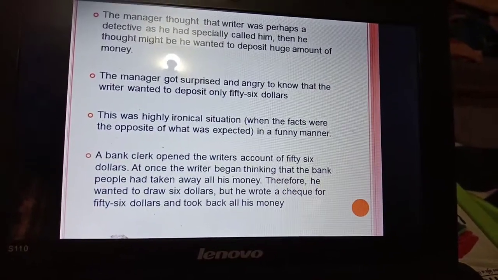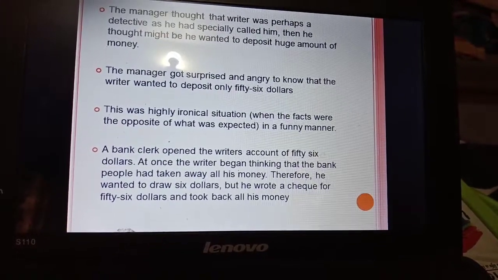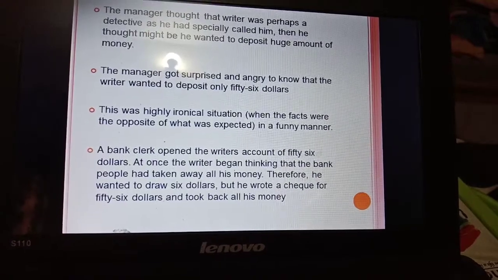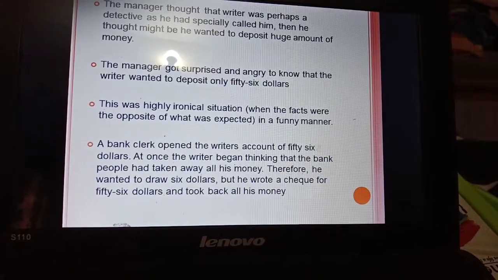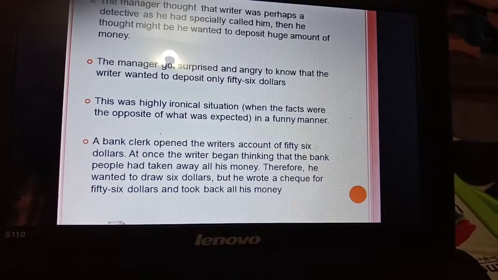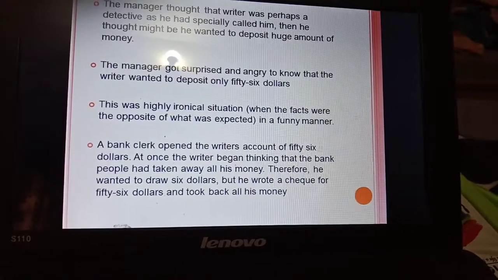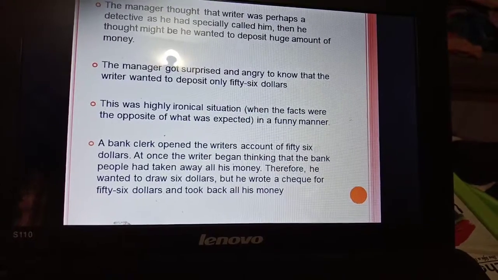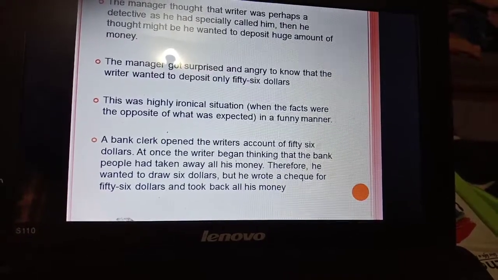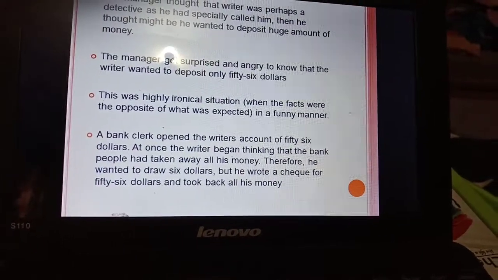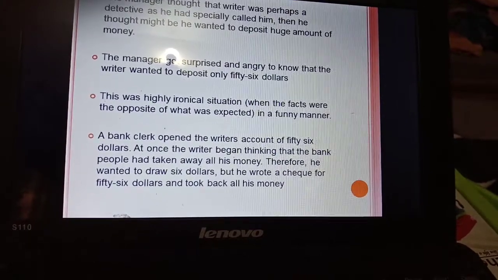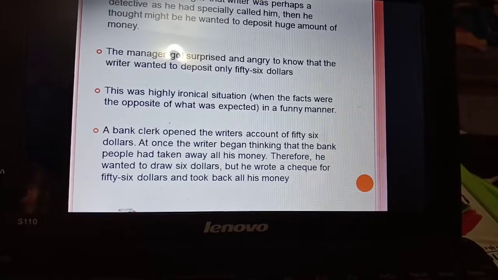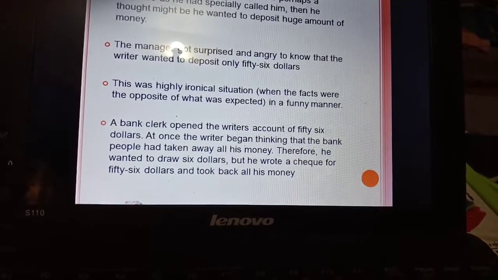Okay. So a bank clerk opened the writer's account of $56. At once, the writer began thinking that the bank people had taken away all his money. Therefore, he wanted to draw $6, but he wrote a check for $56 and took back all his money. First of all, the writer wanted to open an account. He had deposited $56 over there.